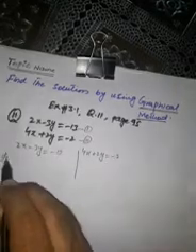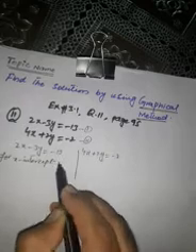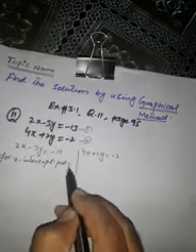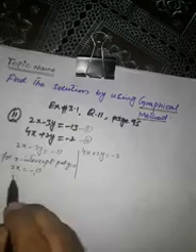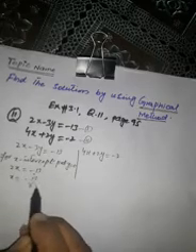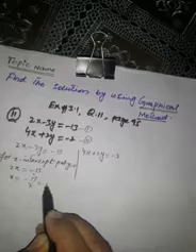For the x-intercept, put y is equal to 0. So you get 2x is equal to minus 13, and x is equal to minus 13 by 2. This is equal to minus 6.5.